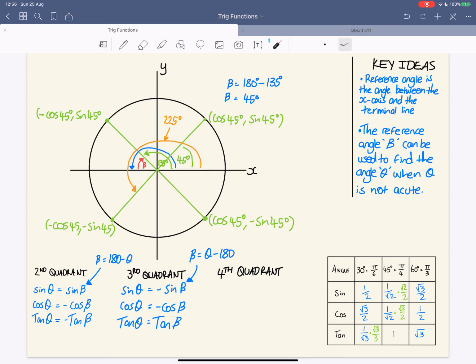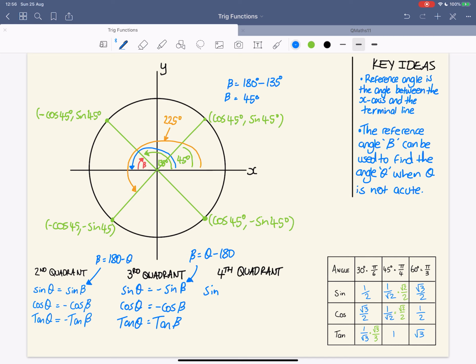I'll do it again. To find out what this angle is, it's the angle that you were given that lands in your fourth quadrant, and you take that away from a full circle, leaving you this gap, okay? So let's go ahead and write in the fourth quadrant, what would you get?